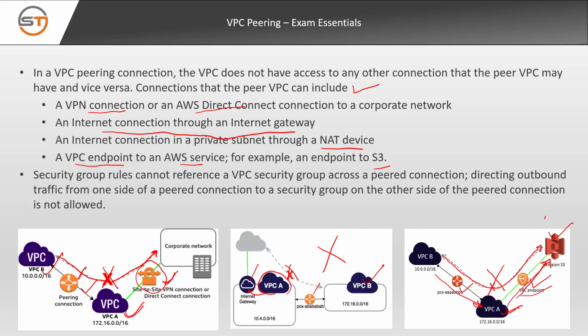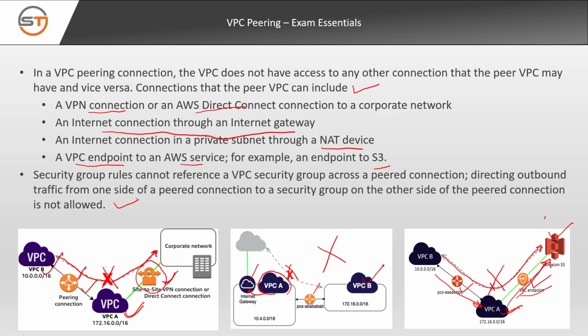Next is, security group rules cannot reference a VPC security group across a peered connection. Directing outbound traffic from one side of the peered connection to a security group on the other side of the peered connection is not allowed.